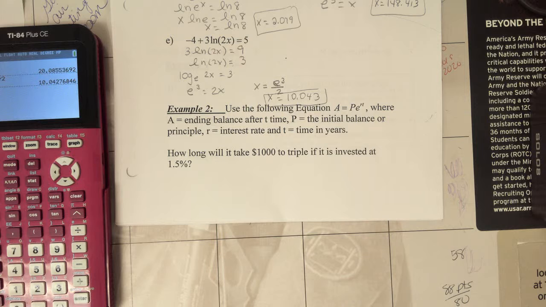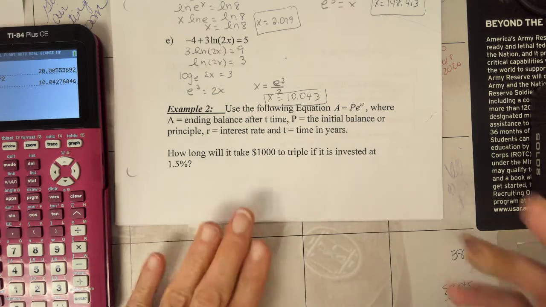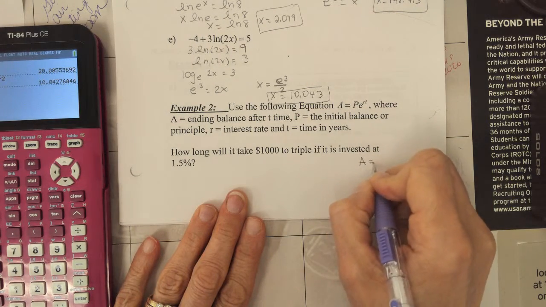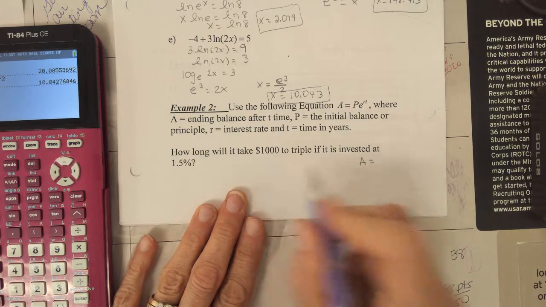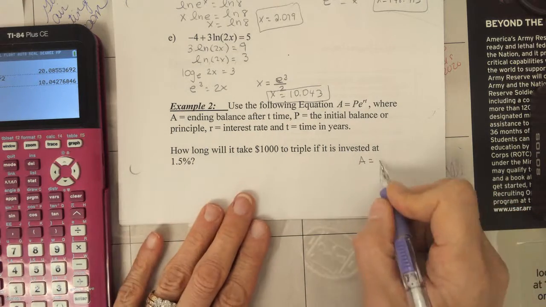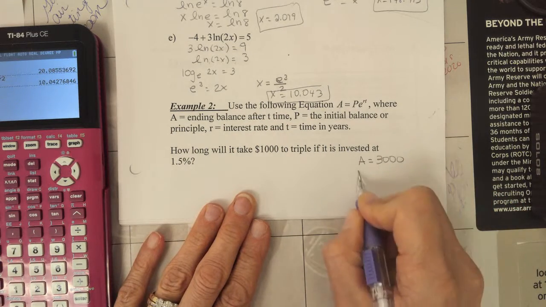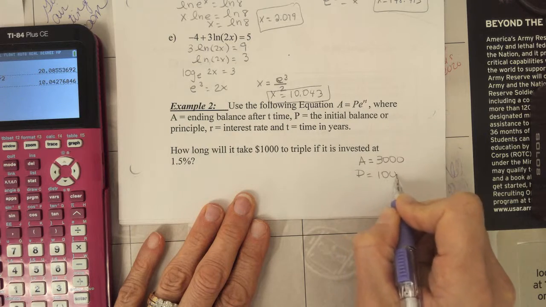So on this particular question, it says, how long will it take $1,000 to triple if it's invested at 1.5% interest? So A is, if your money's going to triple, how much will you have at the end? You'll have $3,000. Your principal is $1,000.